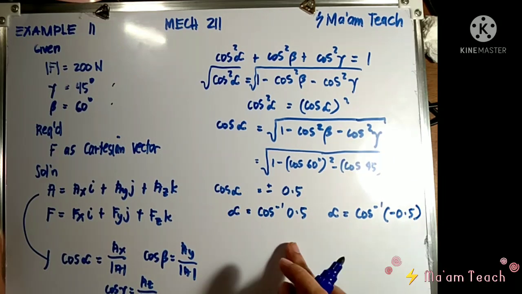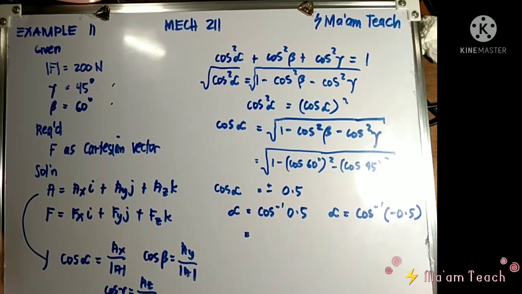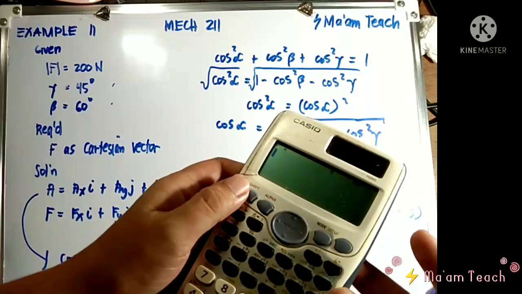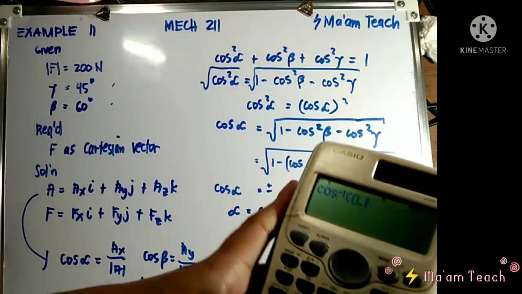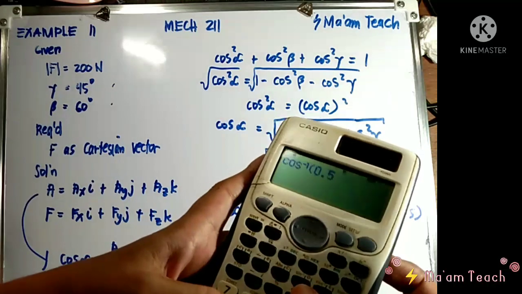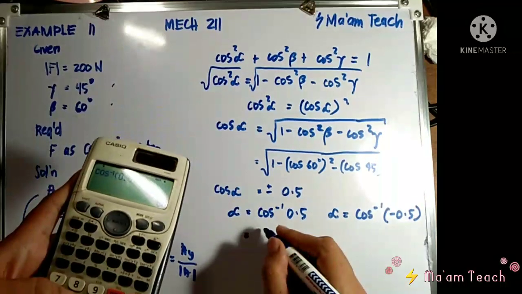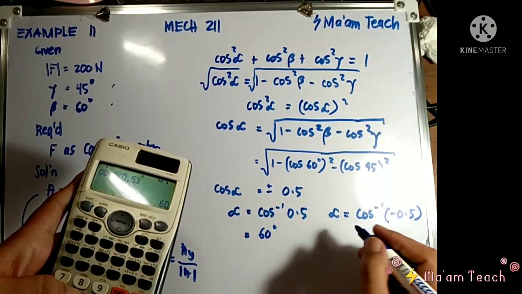Can you follow, class? So what is the value of your alpha if you use the positive? Arc cosine of 0.5. How much? It is 60 degrees.